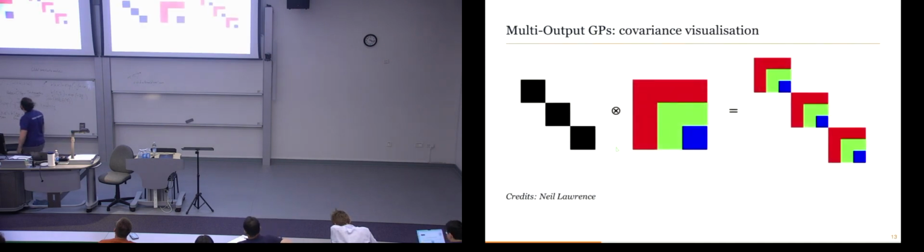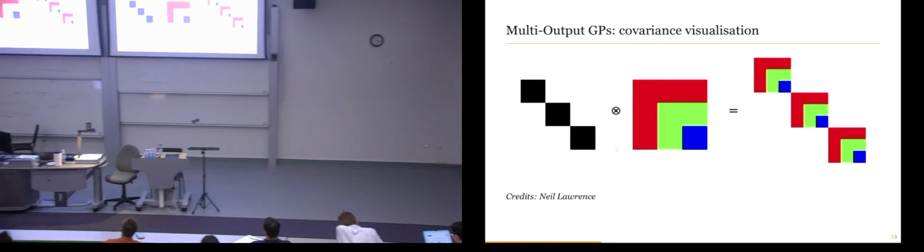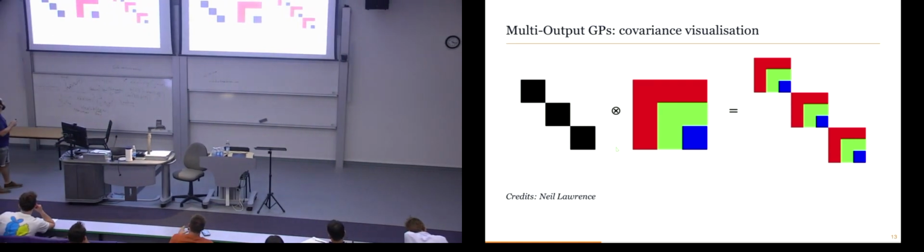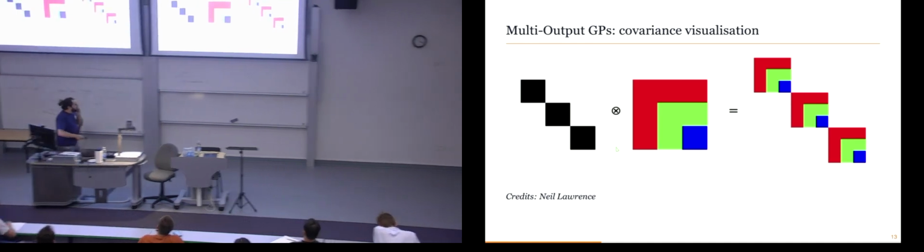Okay, what does it look like visually? Once again, an example of what happens with the Kronecker product. If you have your matrix KO here, let's say that we have a diagonal structure where only the terms in black, the diagonal in black, are non-null, and some structure for the input, you would have this structure for the total kernel. Okay, you can see that you are combining both structures.